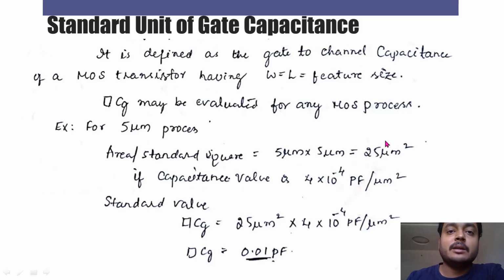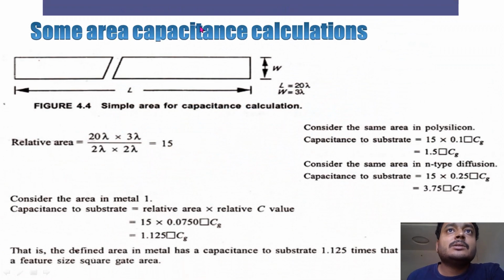Now let's see how we calculate the capacitance. We have an example here, some area capacitance calculations. Assume this is the layer, with a length of 20 lambda and a width of 3 lambda. First we take the relative area.